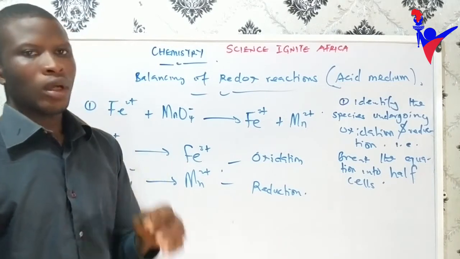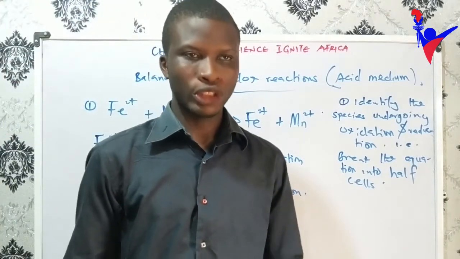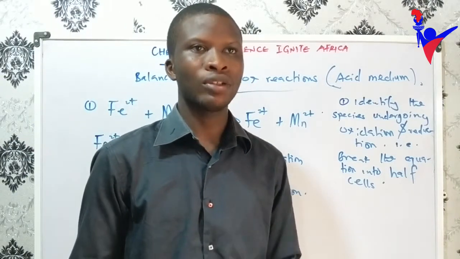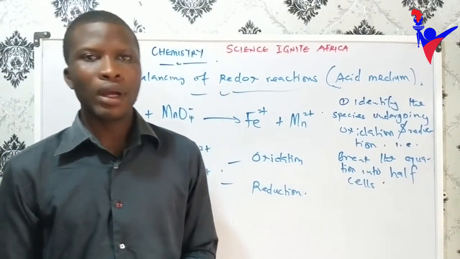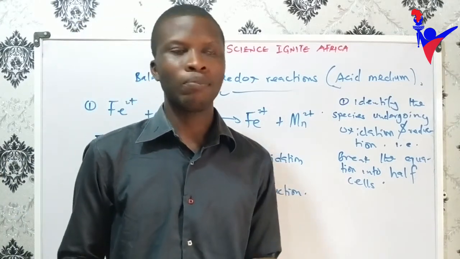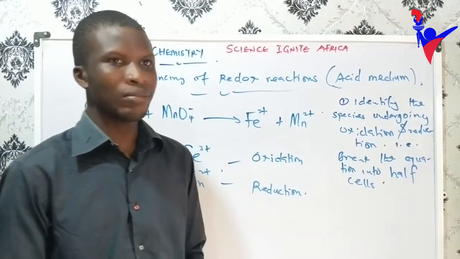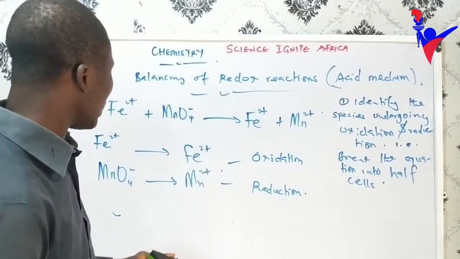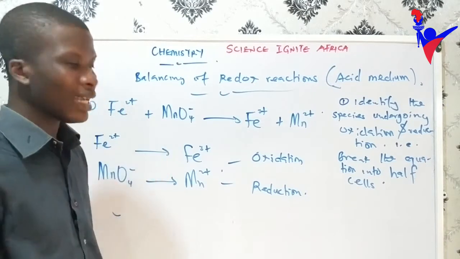Now, after the first thing has been achieved, the next thing is we are going to balance atoms and balance charge. When we are balancing a redox equation in acid medium, you balance atoms and charge, like I said earlier.